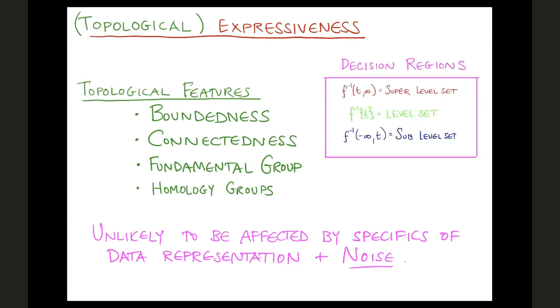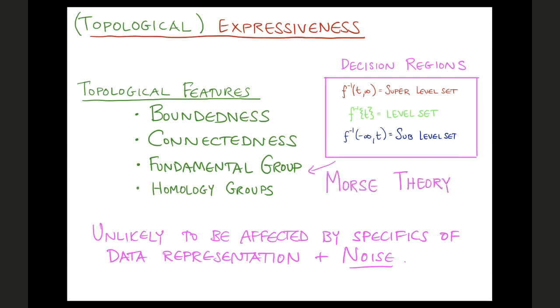So what I want to point out here, though, is that these decision regions are defined, at least in the way that I'm describing it, as sub and super level sets of functions. And this should remind you somehow of Morse theory.